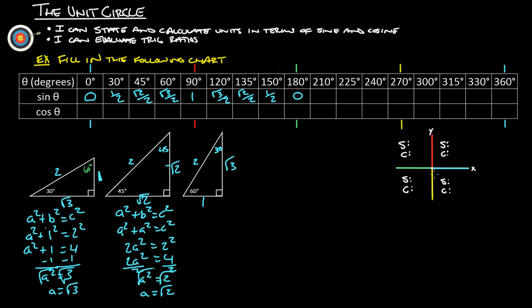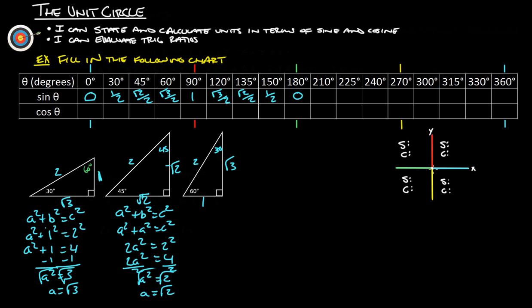But if you'll notice, like here at 120, this is the opposite side. Sine is opposite over hypotenuse, right? This opposite side still has a height of root 3 over 2. So actually nothing has changed here yet.